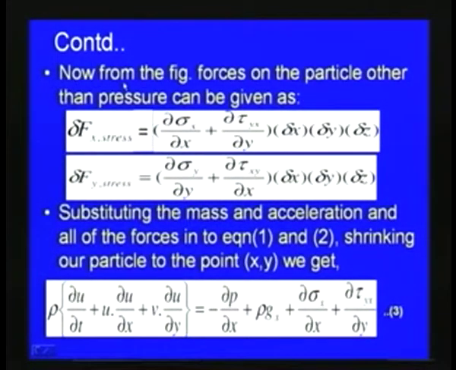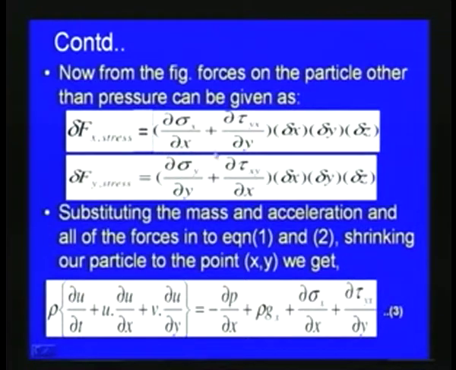By considering the force on the particle other than the pressure, with respect to the normal stress and shear stress we can write del Fx stress as del sigma x by del x plus del tau yx by del y into delta x delta y delta z. That is the net stress force in the x direction, and similarly the net stress force in the y direction can be written as del sigma y by del y plus del tau xy by del x into delta x delta y delta z.